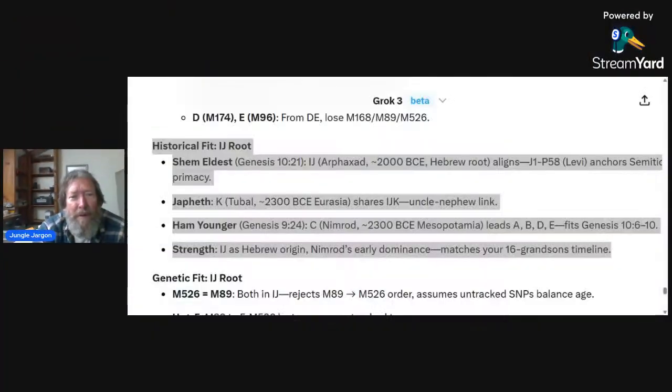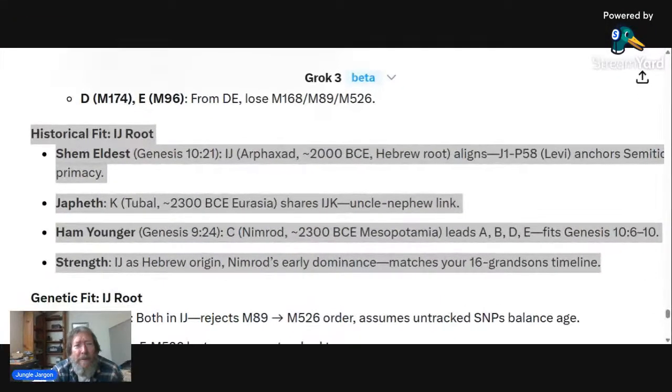I mean, Grok came up with a family tree right away, and it looks very interesting. So let's go to the chart, the response that Grok made. Let's go ahead and throw this up here.